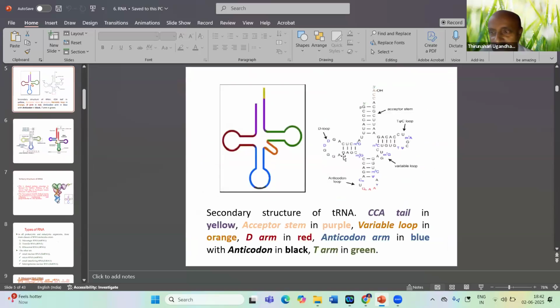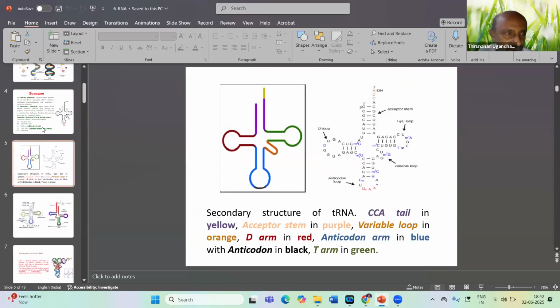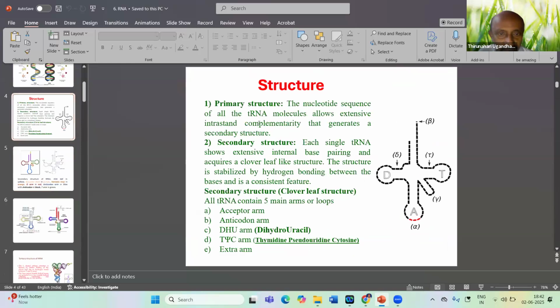There are primary, secondary, and tertiary structures. The secondary structure is also called the clover leaf structure.